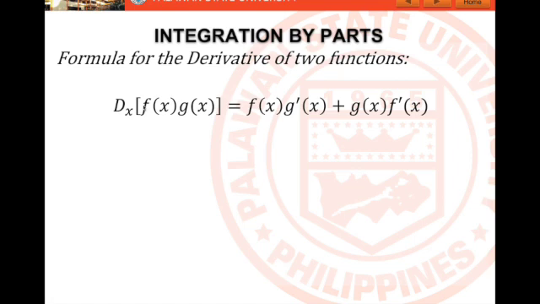To get the derivative of that, if you can recall from your calculus 1, you just need to multiply f of x with the derivative of g of x plus g of x multiplied by the derivative of f of x.